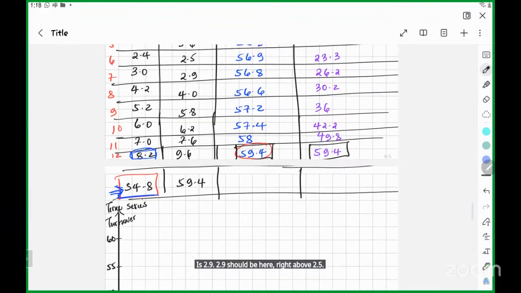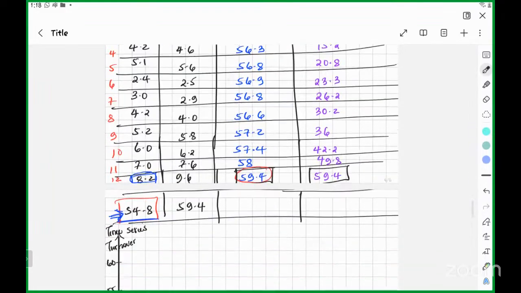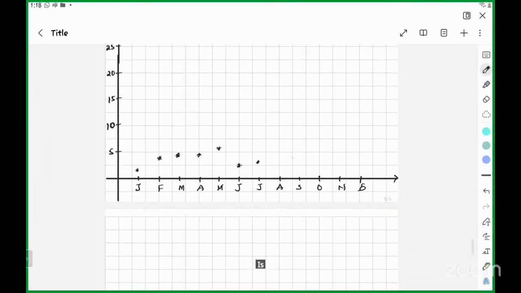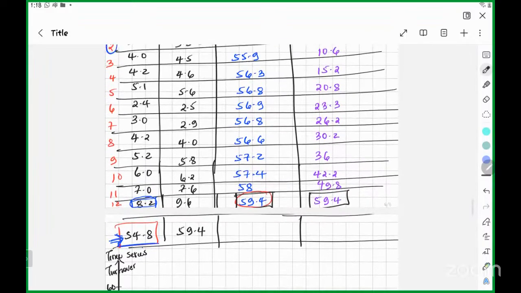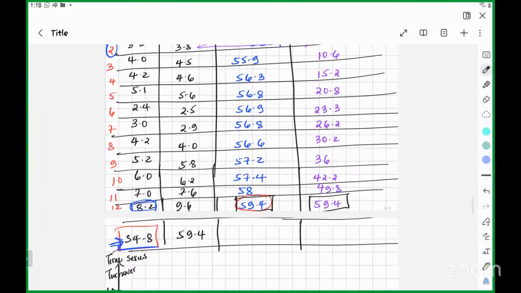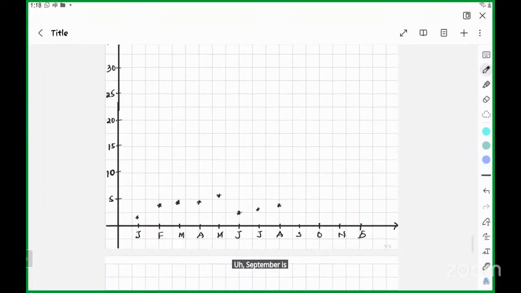Then August is 4. If this is 5, I'll put 4 here. September is 5.8, which I can put somewhere here.